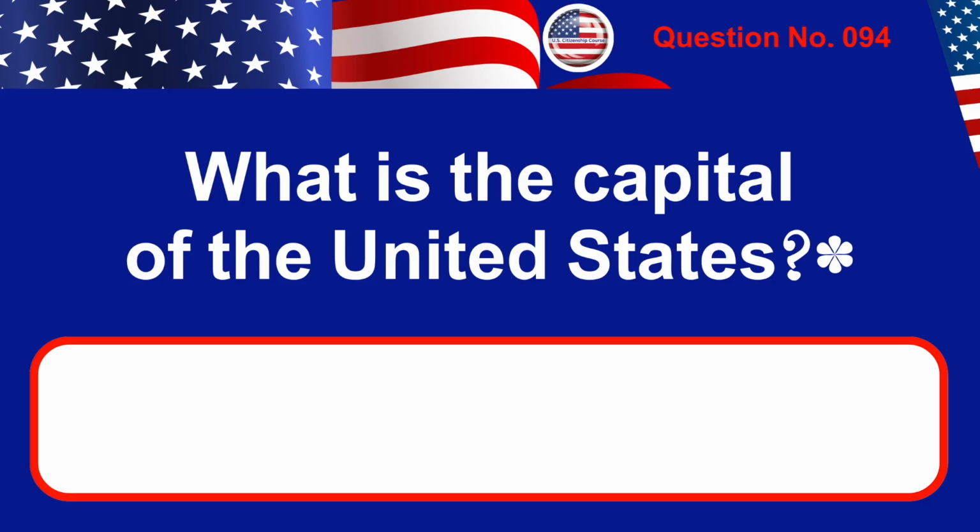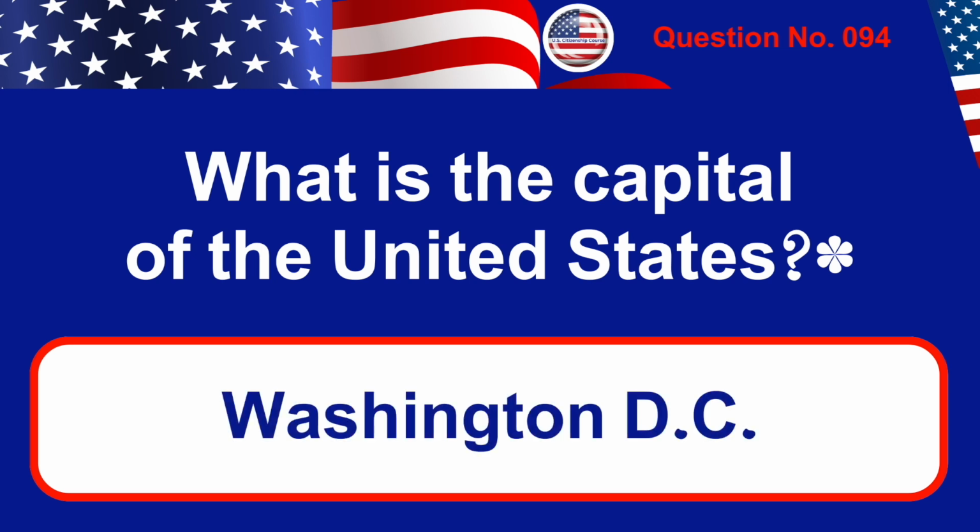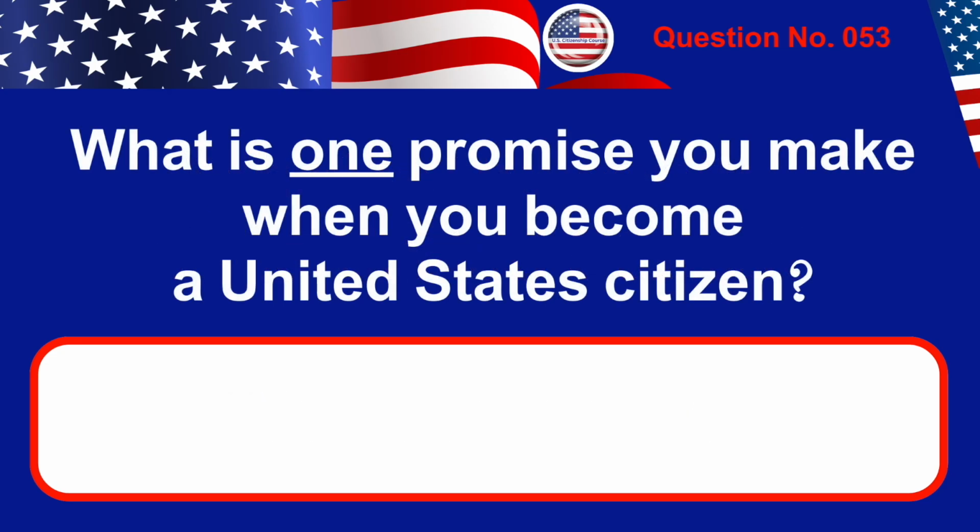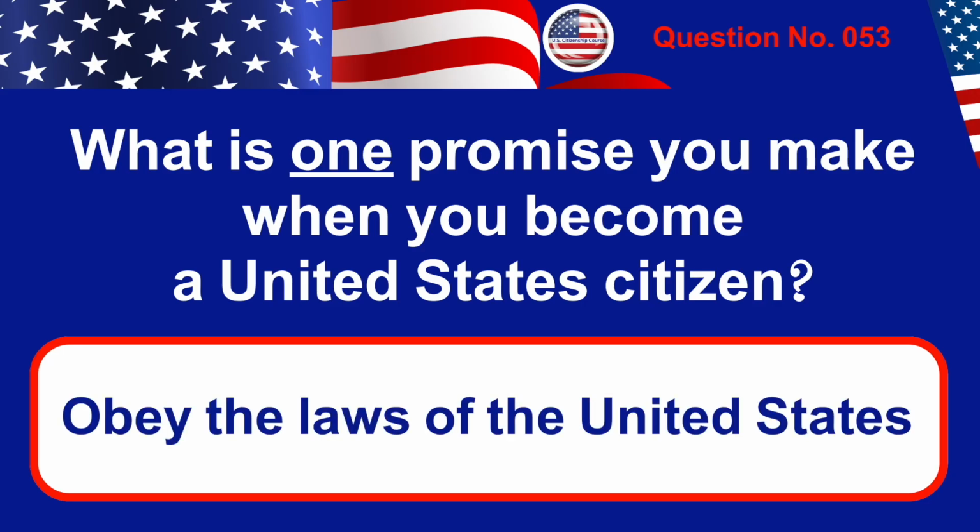What is the capital of the United States? Washington, D.C. What is one promise you make when you become a United States citizen? Obey the laws of the United States.